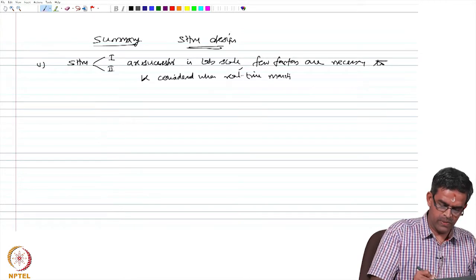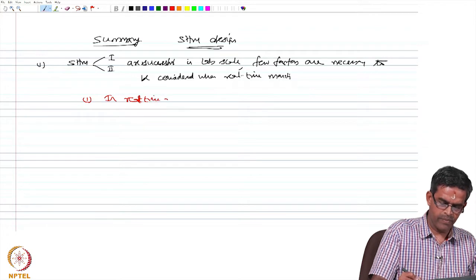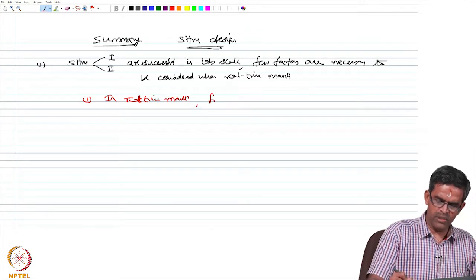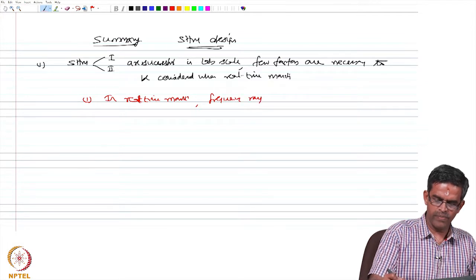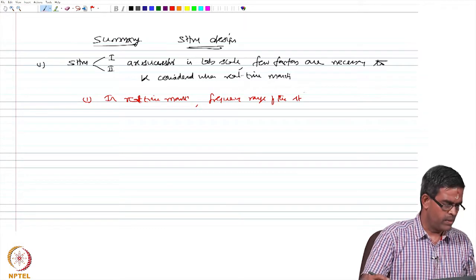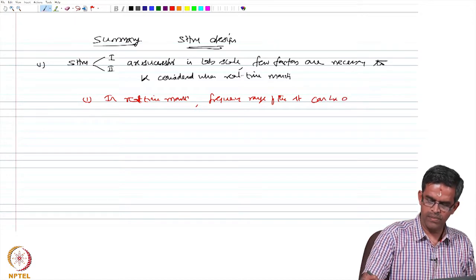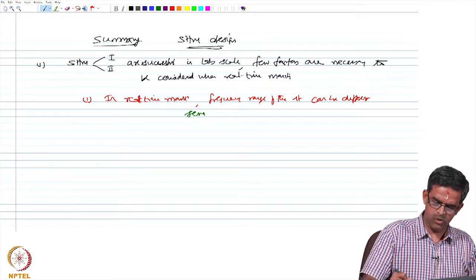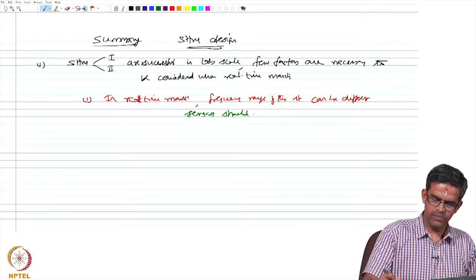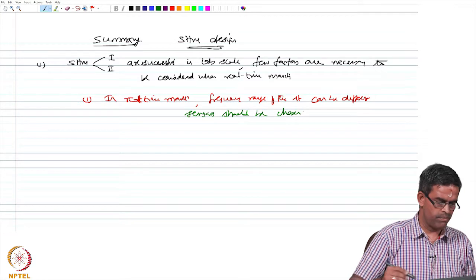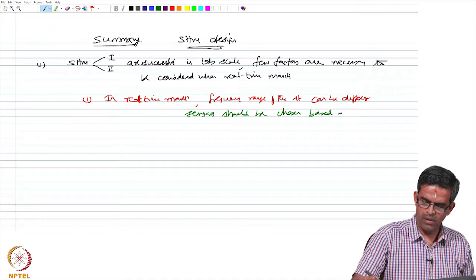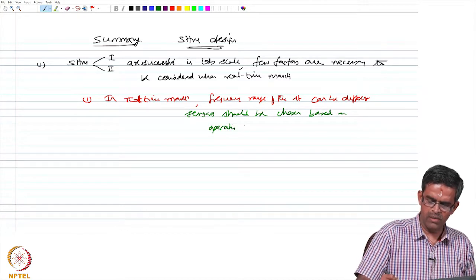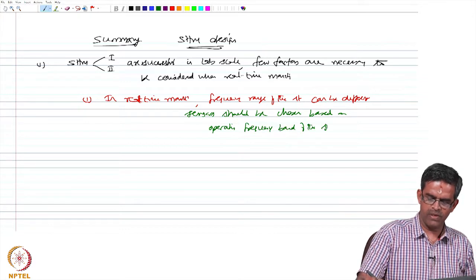The first issue is, in real time monitoring, the frequency range of the structures can be different. Therefore, sensors should be chosen based on the operational frequency band of the structure. That is the first issue we have.